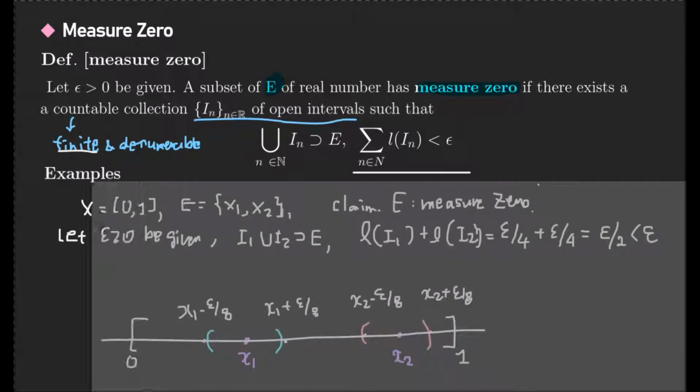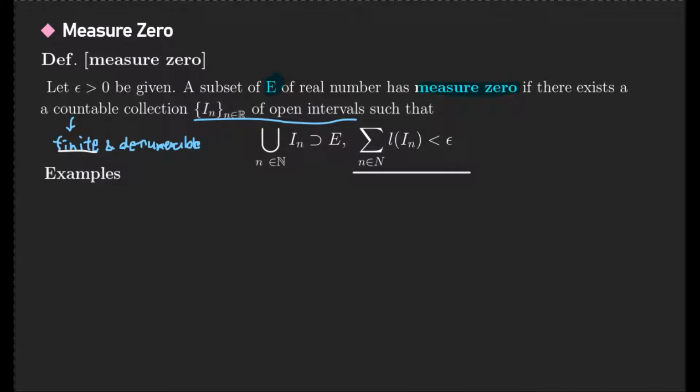Then one of the important examples related to this lecture is: suppose E is a countable set. I refer to countable as finite or denumerable, two cases. Then the claim is that E is measure 0.